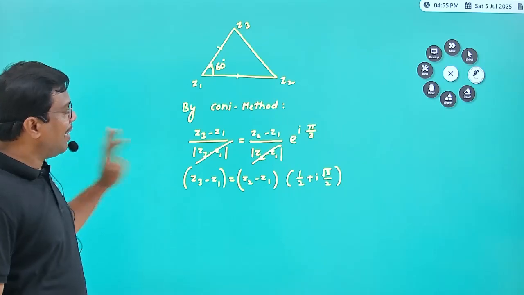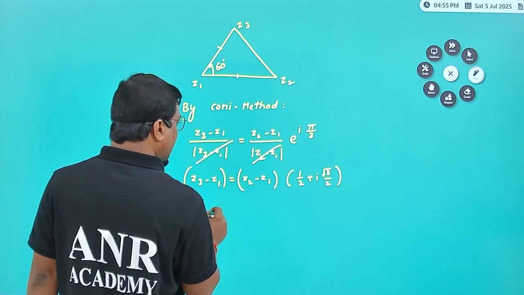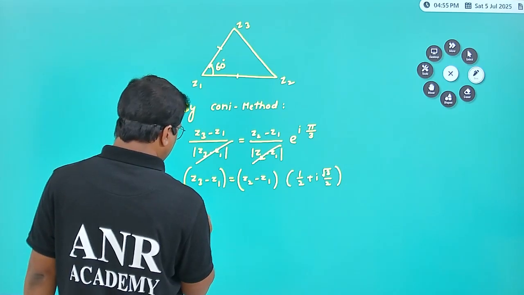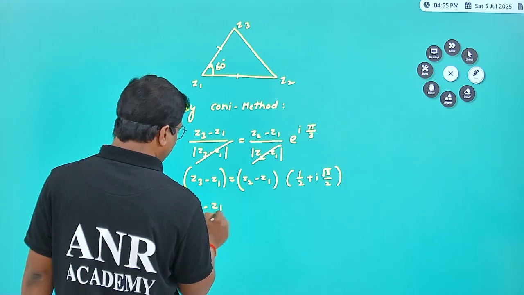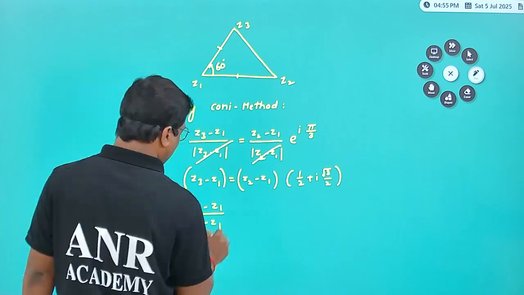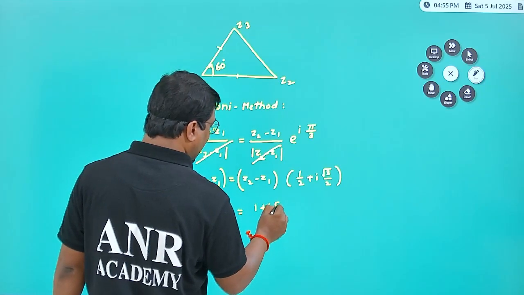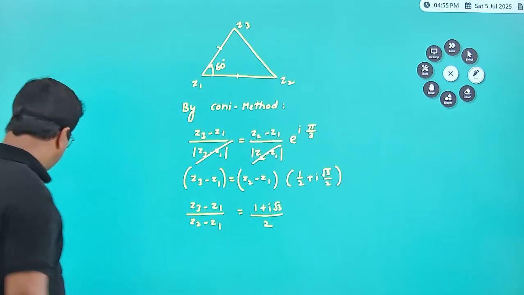Now apply square on both the sides. What happens? Observe. First Z3 minus Z1 divided by Z2 minus Z1 I am going to write, and in the right part it is 1 plus I root 3 whole divided by 2 and cross multiply it.